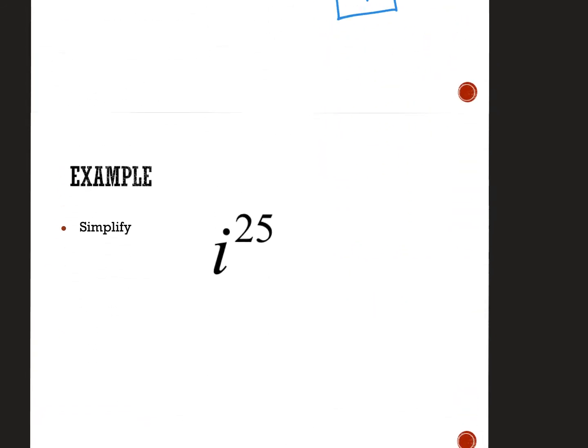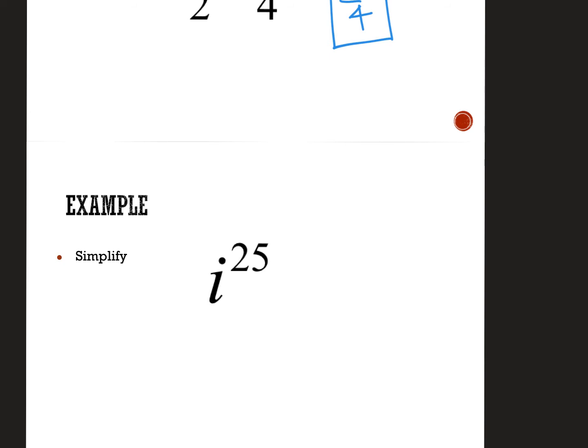Okay. For this problem, we probably should talk about what happens when you raise i to powers. Now, I'm going to do this kind of quickly. Those of you that had me last year, you will remember this. We did this last year. If you didn't have me last year, please ask me via Zoom, and I will do this in a much slower fashion. Okay?